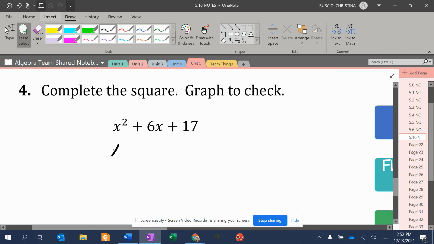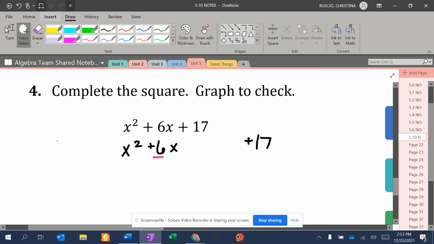So what I always like to do is move this 17 off to the side, because it's in the way. What we just talked about above was we took half of this number, which is 3, and then we squared it. So 3 times 3 is 9. So this would be plus 9. But here's the problem.